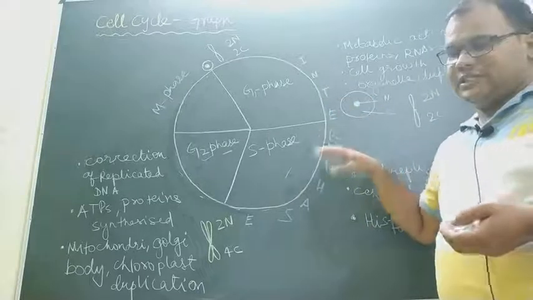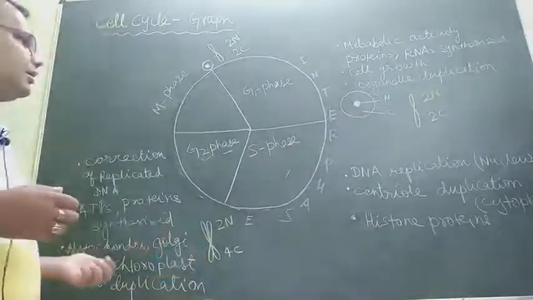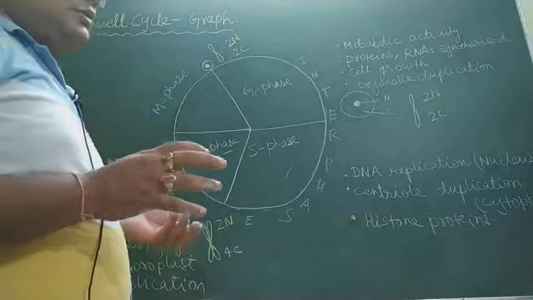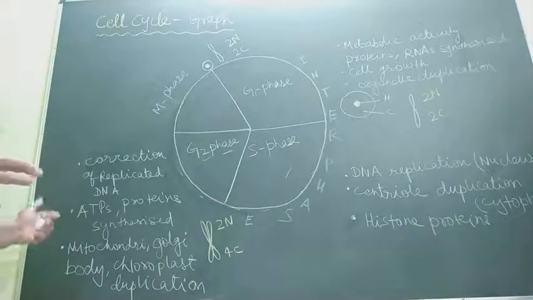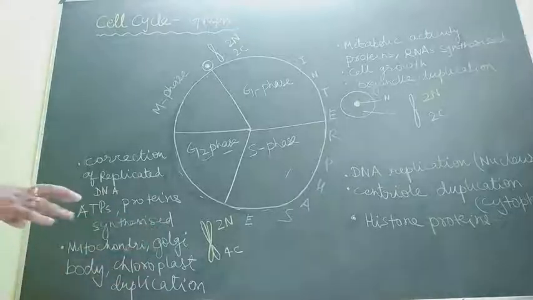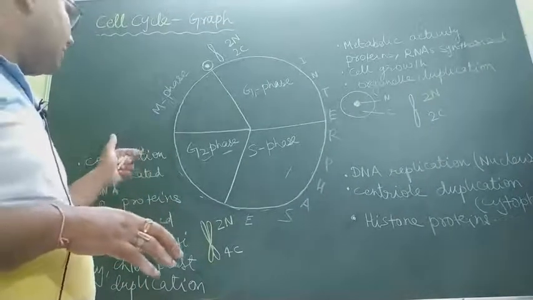What are these three phases? It takes place in a highly coordinated way so that all the synthesis procedures, all the preparations for actual division of chromosomes or nucleus, take place properly before M phase.